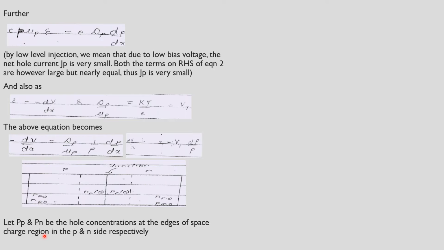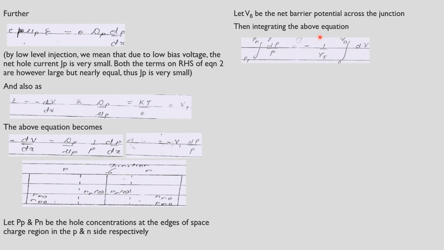Let Pp and Pn be the hole concentrations at the edges of the space charge region in the P and the N side respectively. Let Vb be the net barrier potential across the junction. Then integrating the above equation, we get the integration of dp by p from Pp to Pn is equal to minus 1 by VT into the integration of dV from 0 to Vb.